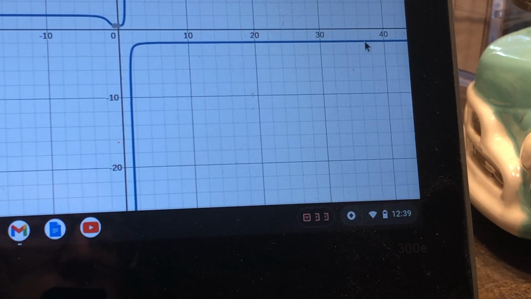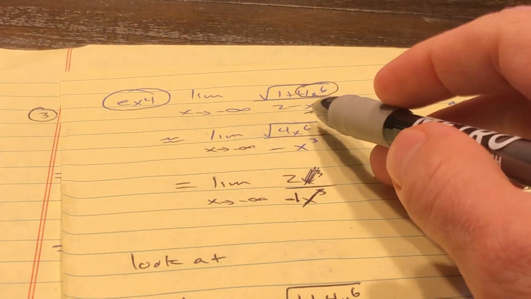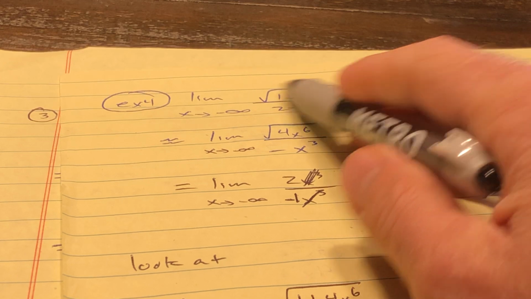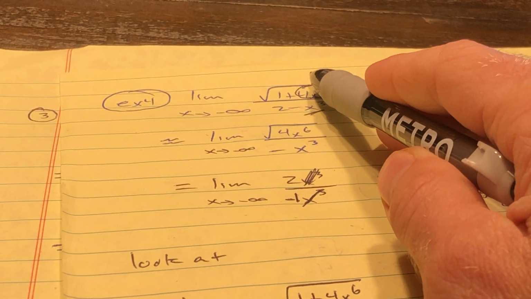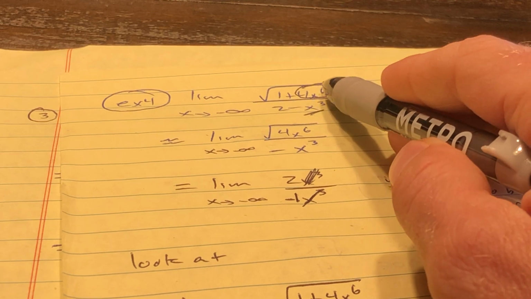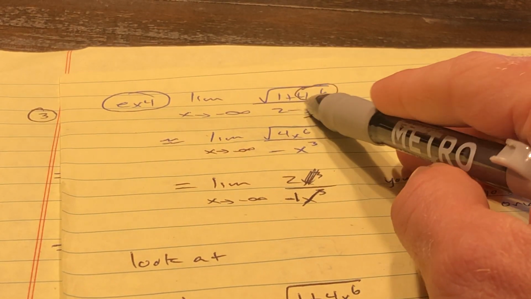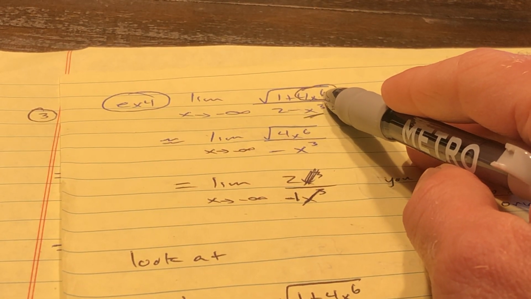So it's kind of opposite of what we literally just got, 2 over negative 1, right? But let's look here. Go back to the original numerator. What comes out of this can only be positive. What comes out of this can only be positive. Plug in something that's going to negative infinity; if you raise it to an even power, it's going to be positive.